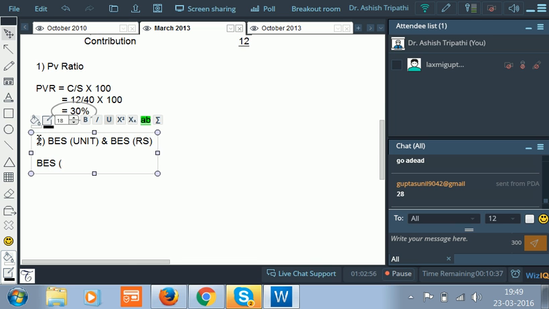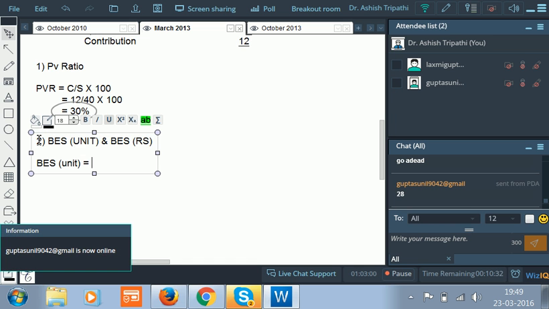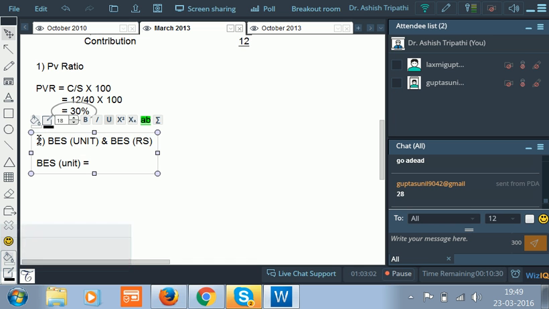And break-even sales in rupees. So let us calculate first break-even sales in unit. The formula for break-even sales is fixed cost upon contribution per unit. So let us write fixed cost upon contribution per unit.